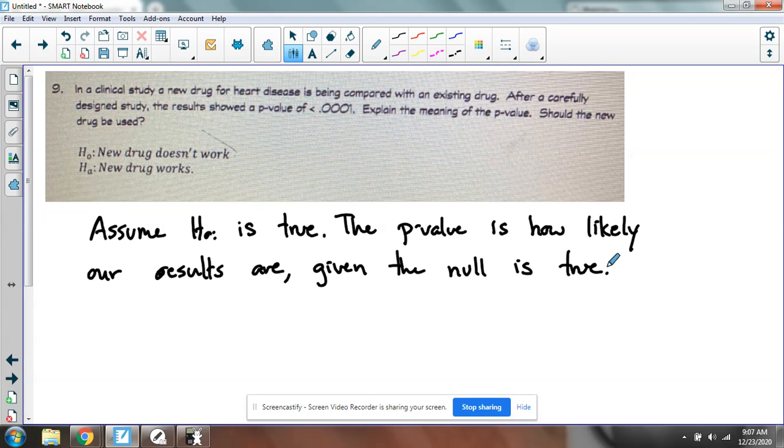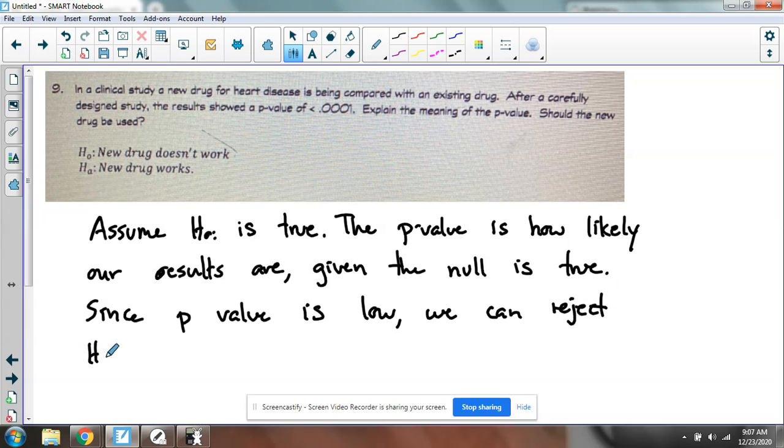So since the p-value is so low, we can assume that the alternative is true. Since the p-value is low, we can reject H0 and assume HA is true.